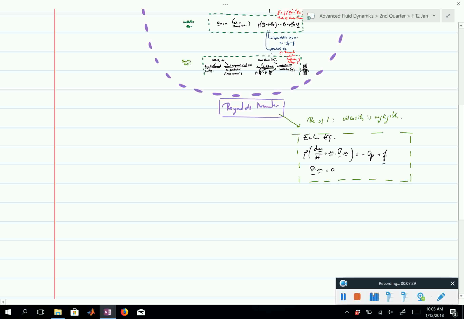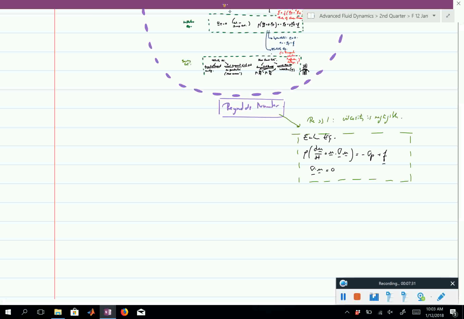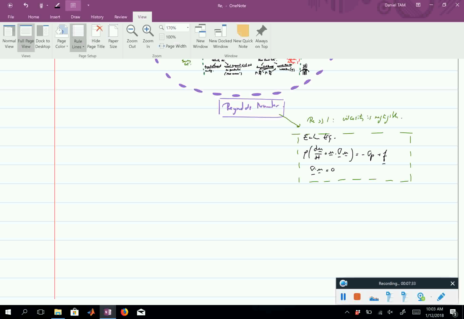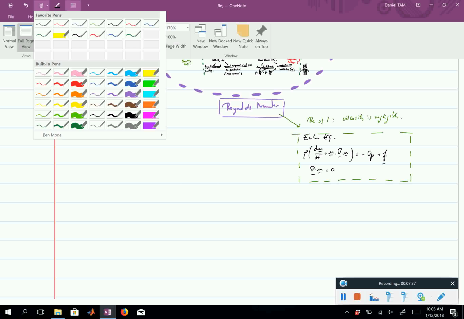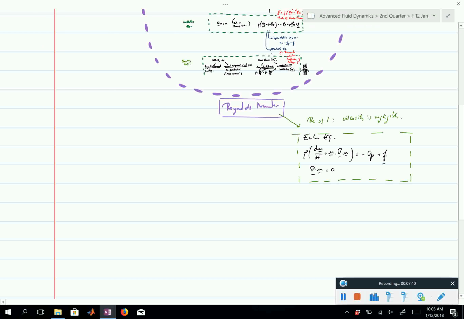Okay, so then we branch. It becomes a bit more complicated. At this point, there are two things that can happen. Number one, let's say you don't know that the flow is irrotational. So the flow might be rotational.